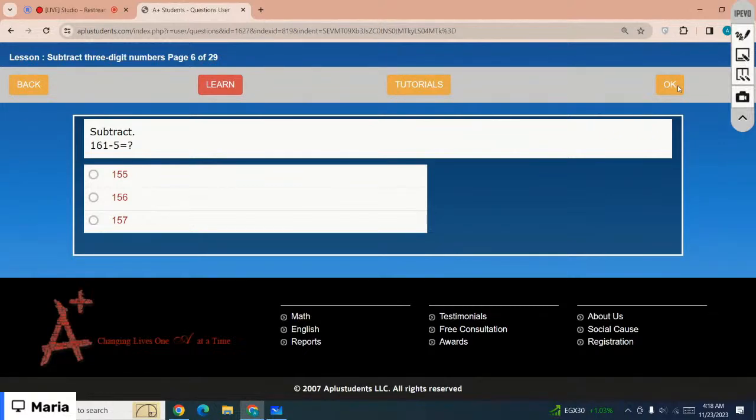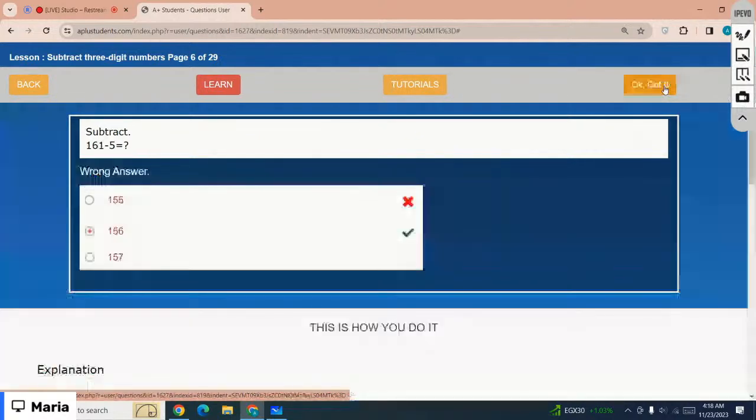Yes, the correct option is 155, right? Option number 1 is the correct option. Very good. Oh, that is 156, not 155, right? The correct option is 156.